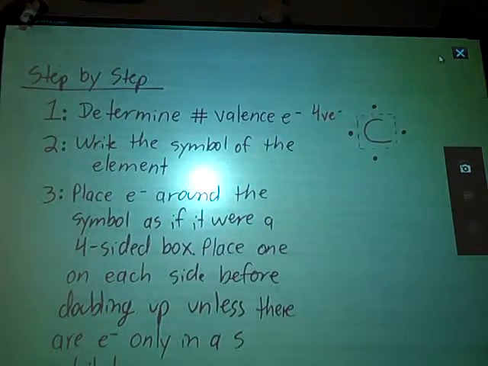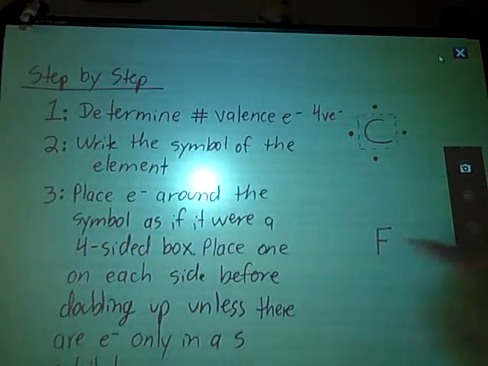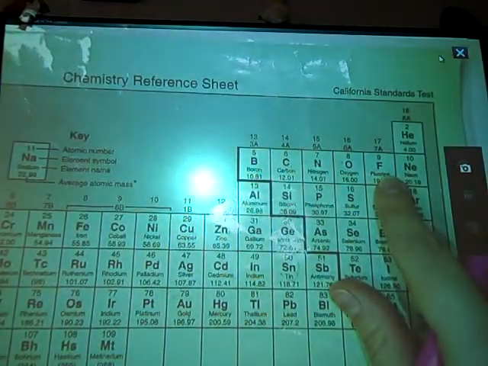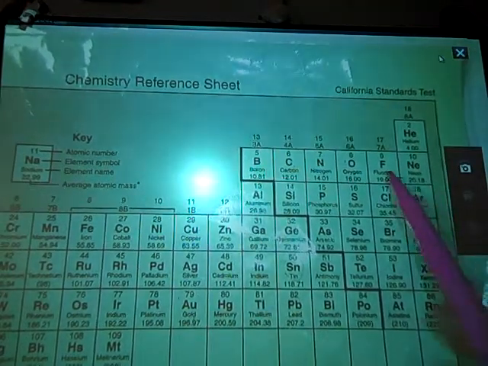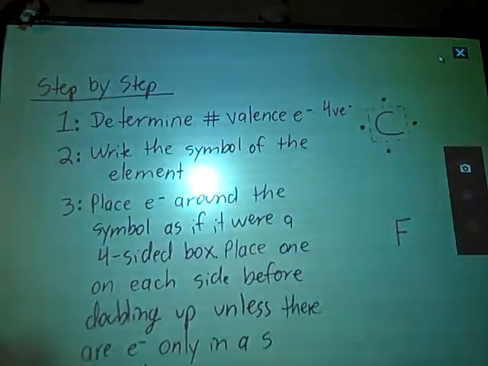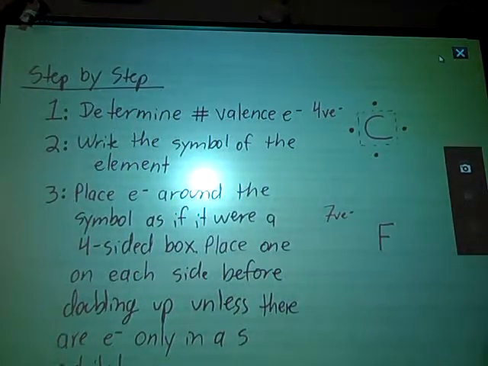And that's it. To try something where we actually have to go around more than once, let's do something like the element fluorine. Not the ion fluoride, but the element fluorine. So here he is, second row again. So let's count. We got 1, 2, 3, 4, 5 electrons in the P, 2 electrons in the S. 5 plus 2 is a grand total of 7 valence electrons that I need to place.